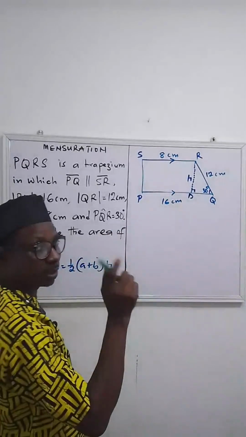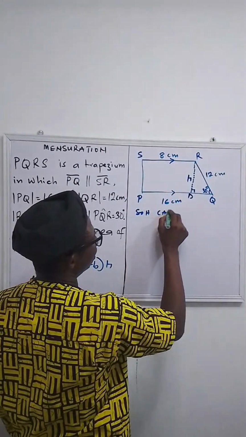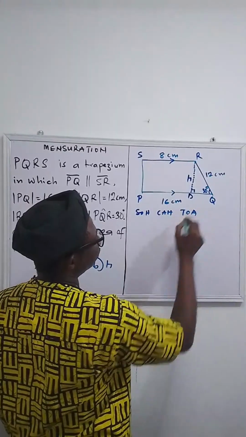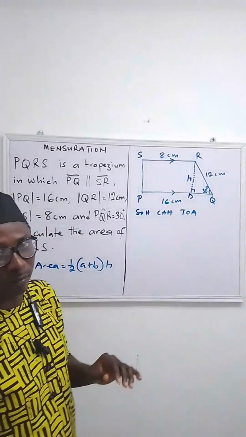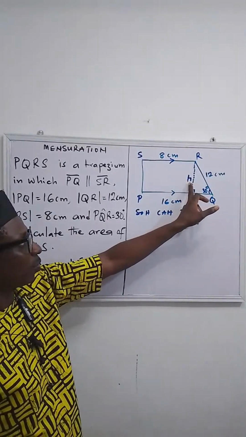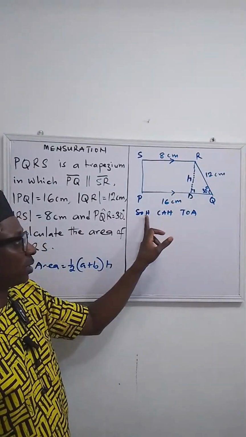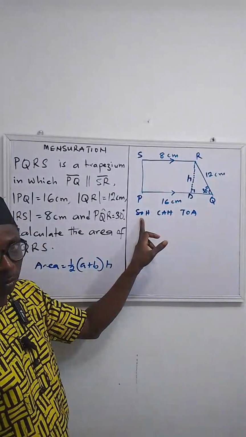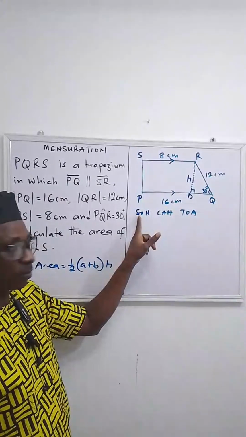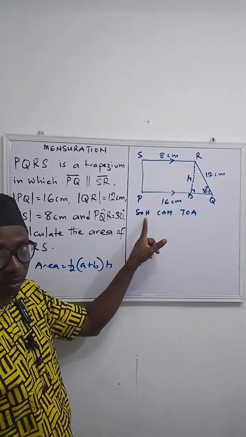So now, do you still remember your SOHCAHTOA? SOHCAHTOA. All right, so which one are we connecting together? So we want to get opposite. So we have opposite and hypotenuse. So which one will be appropriate? Opposite and hypotenuse. So that is S for sine, O for opposite, and H for hypotenuse.